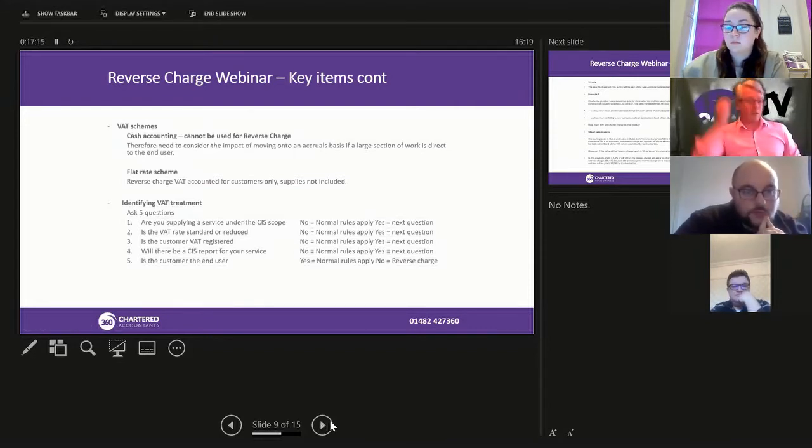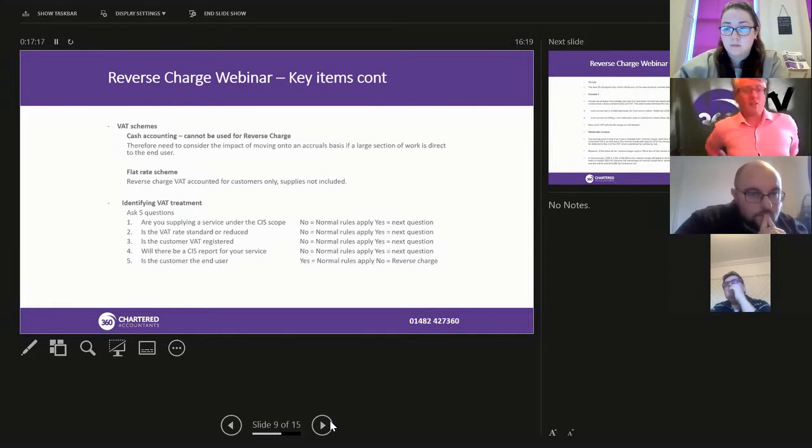And then the flat rate scheme, again, you need to look at this as well, because any supplies within the reverse charge, any sales you're doing, are not included in that charge.